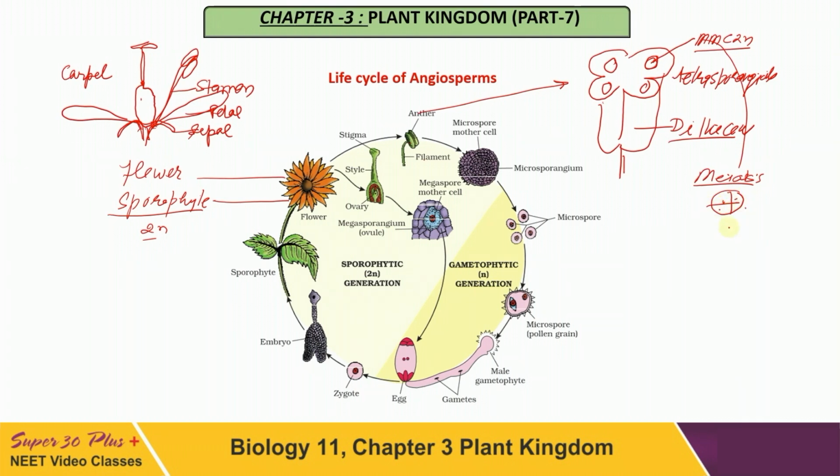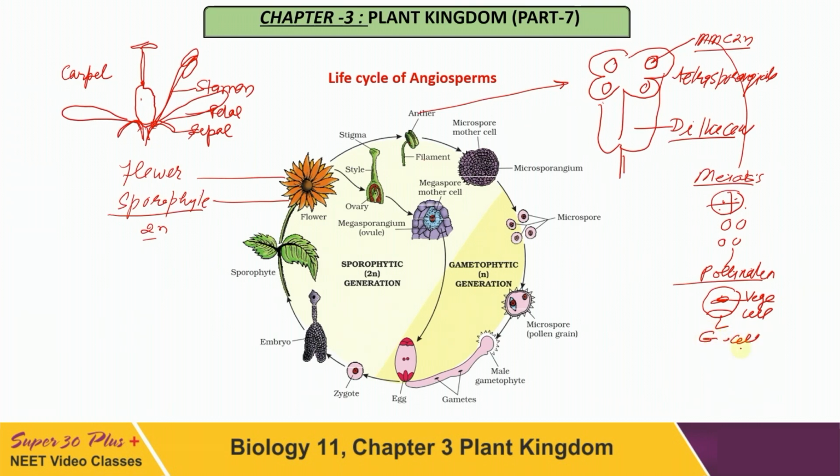The microspores will be separated, known as pollen grains, and the pollen grains will be pollinated. In most angiosperms, the pollen is shed at the 2-cell stage. One cell is the larger one, known as the vegetative cell, and the smaller one is known as the generative cell.